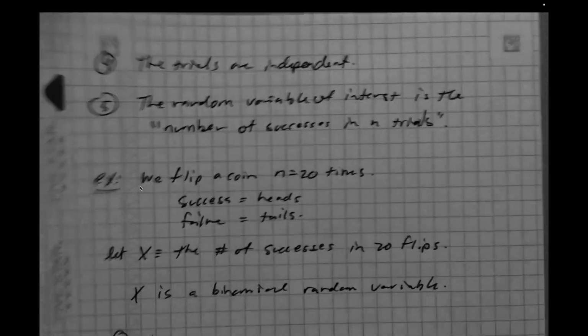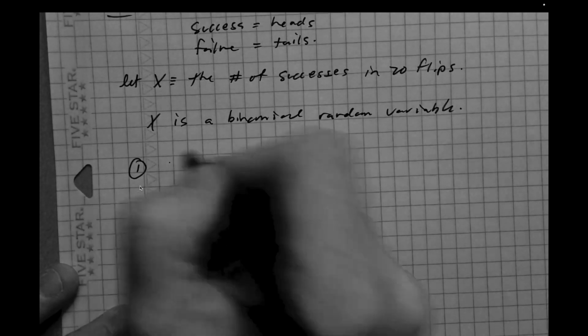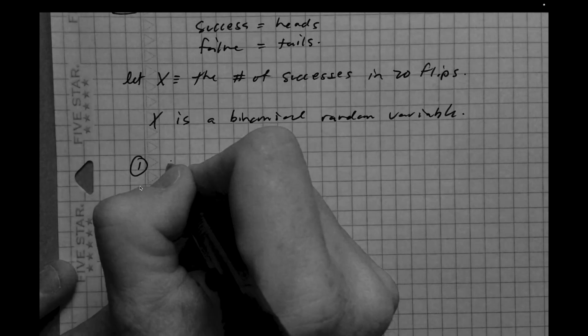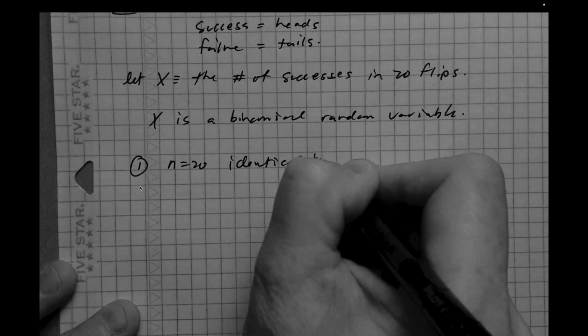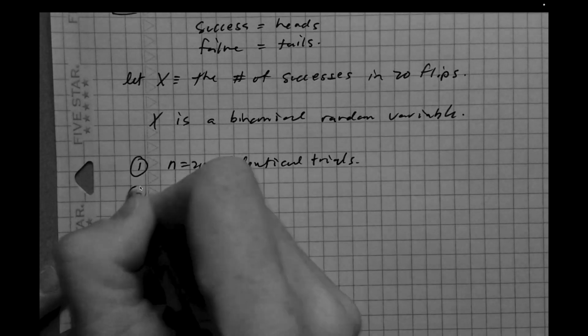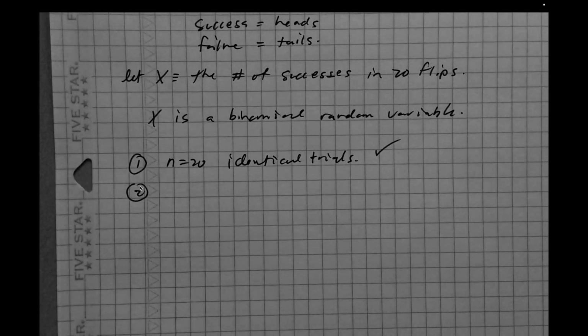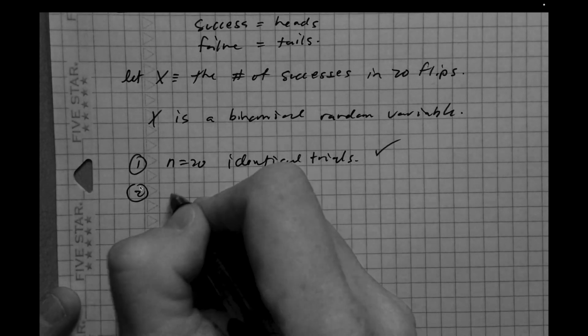So, fixed number of identical trials, n equals 20 identical trials. First thing, check. The second requirement was that each trial results in one of two possible outcomes.